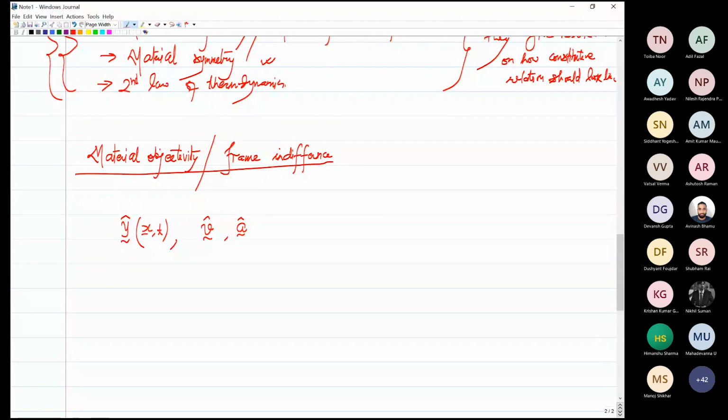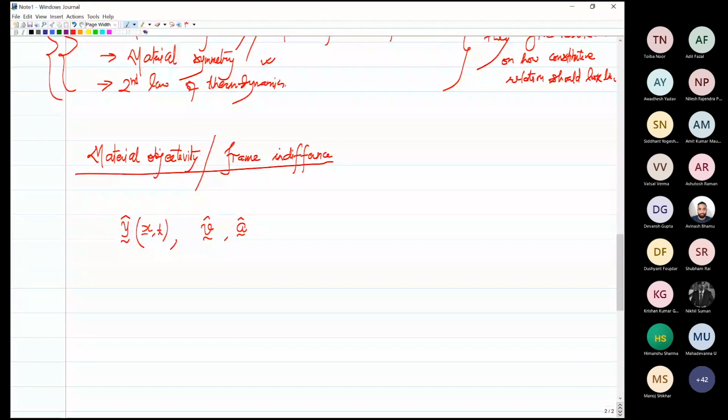isn't it? But there could be physical quantities which should not depend on the frame. Can you think of one such quantity which should not be frame dependent? Irrespective of what frame you measure, that quantity should be the same.